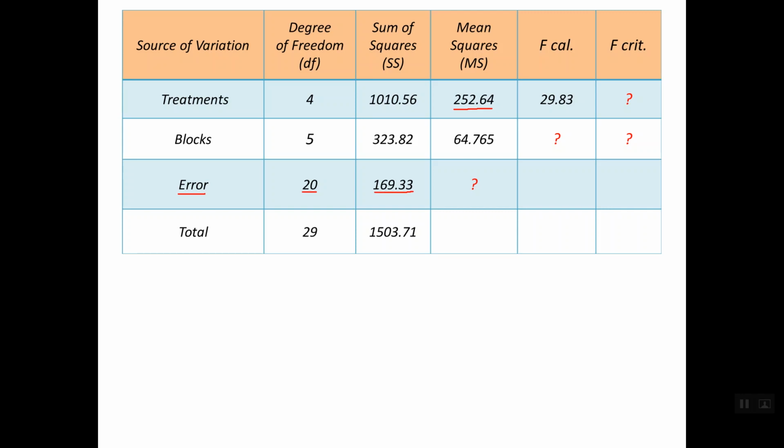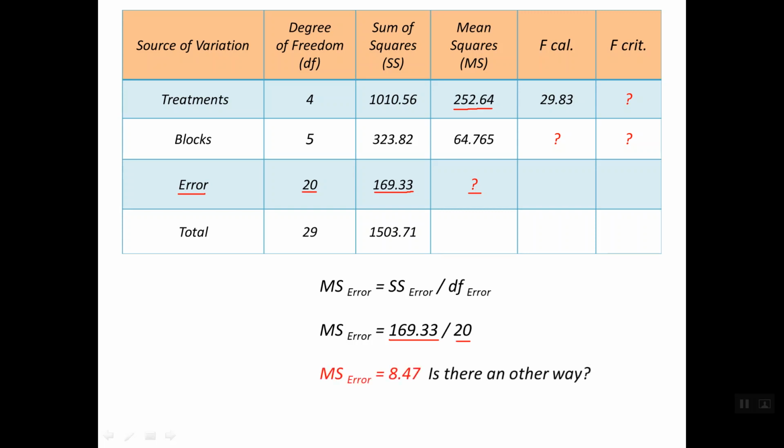So we can simply find the value of the mean square for the error using the same formula. The mean square for the error is simply the value of the SS for the error divided by the degree of freedom for the error. This is the SS for the error, and this is the degree of freedom for the error.